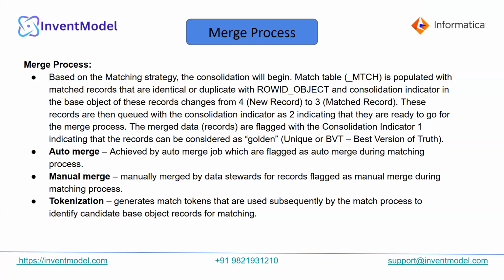And then in the match table, the MTCH table is populated with the match records that are identical or duplicate, with the row ID object. Once matched, the consolidation indicator in the base object for these records changes from 4, that is new record, to 3, match record, and subsequently it will be changed to 2 when this match process finishes.